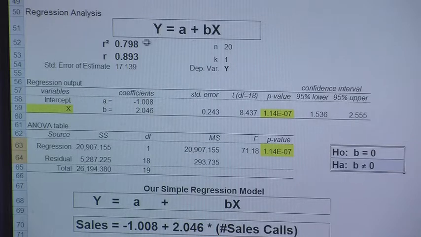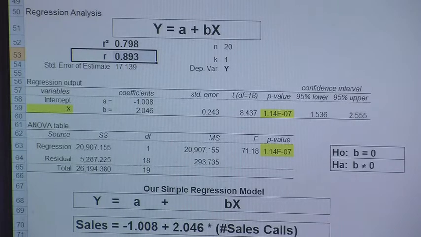The next thing that I highlighted and made in a little bit larger font is R. And remember, R denotes the correlation coefficient of the observed sample. Notice here that our observed R is 0.893.